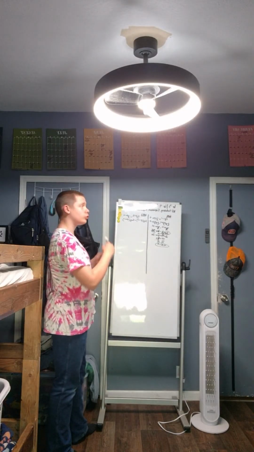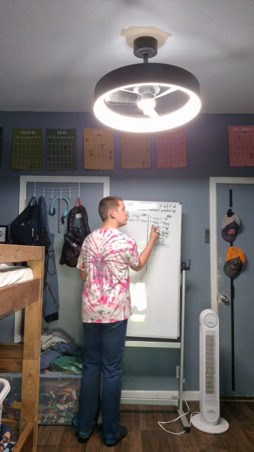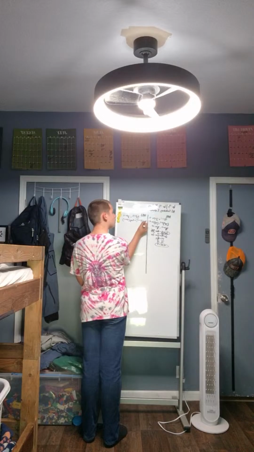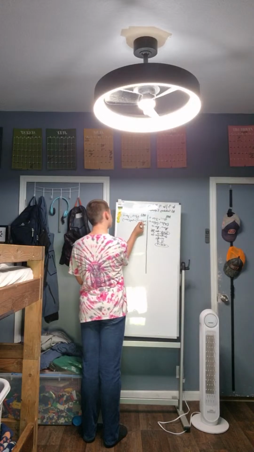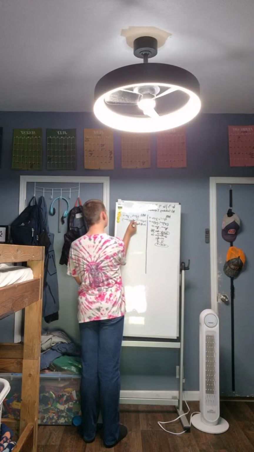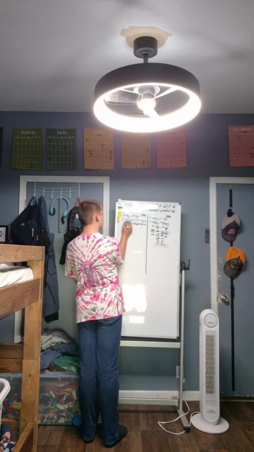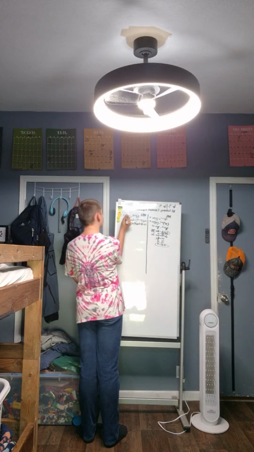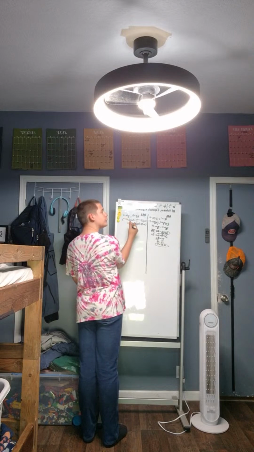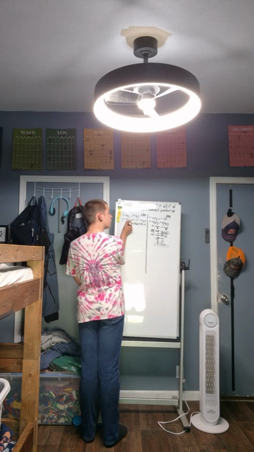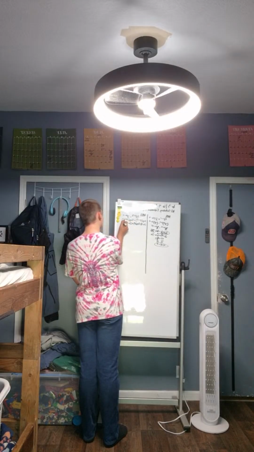And now we have to distribute both. x plus 3 times log 5 equals 2x plus 1. Wait, I accidentally wrote minus 1. Sorry. Times log 7.